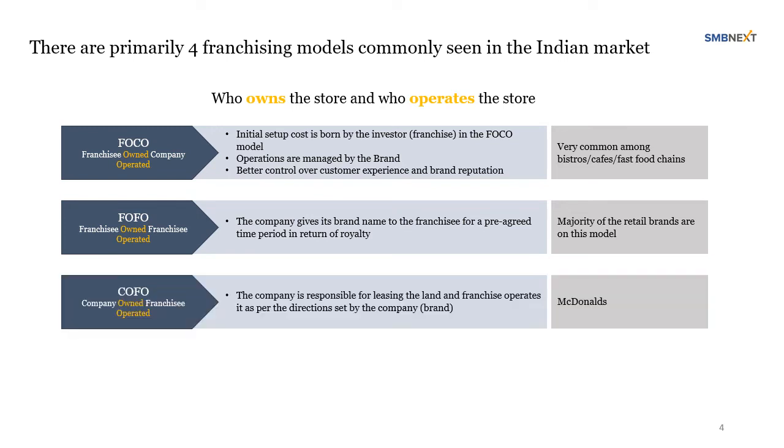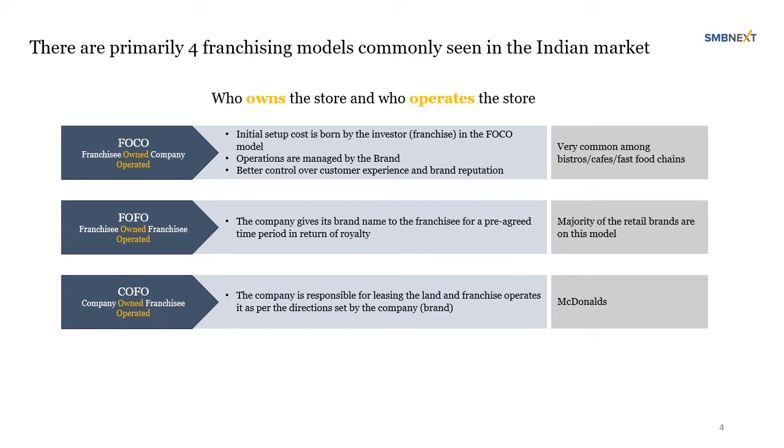The third model that we get to see is the COFO model. COFO stands for company owned and franchisee operated. So the company is responsible for leasing the land, and the franchisee operates it as per the directions set by the company or the brand. Now this is not very common, but McDonald's is on this model. McDonald's basically leases the land, or it has its own land, and the franchisee is the one who is responsible for setting up the store and operating it as per McDonald's guidelines.